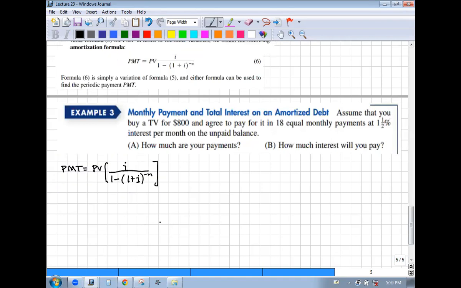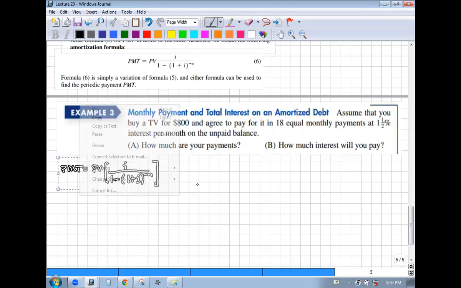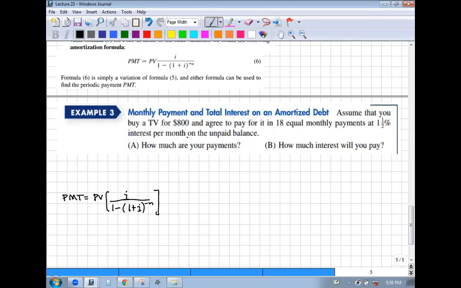Then we plug in our numbers, but we need to figure out what I and N are. Our present value is 800 bucks. R is 1.5%, so that's 0.015. M, since this is monthly, is 12.